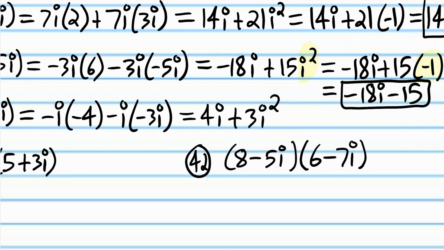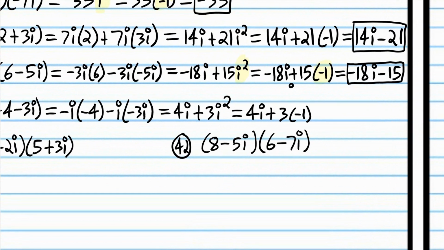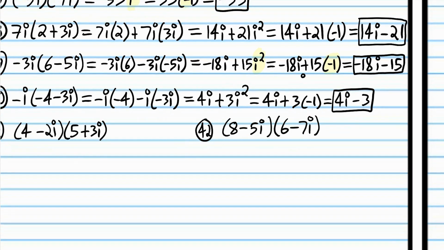All right, so now we get 4i plus 3 times negative 1. And I'm going to move this out of the way. All right, so then our final answer is 4i minus 3. So if you got that answer, good job.